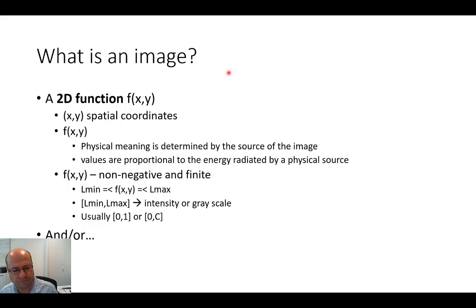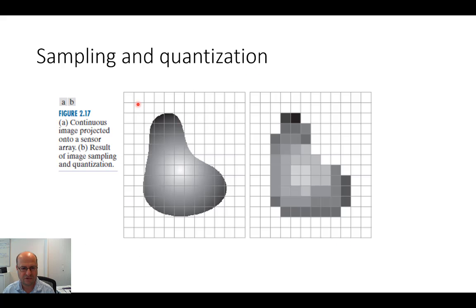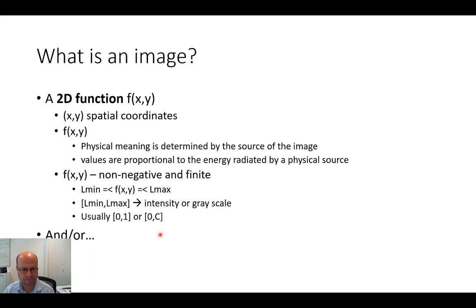So, what is an image? An image is a 2D function where x and y are spatial coordinates. X and y are representing a position in this frame of reference. The physical meaning of this function is determined by the source of the image.